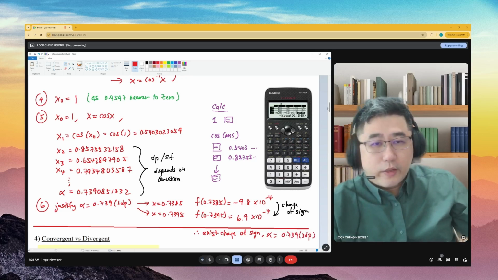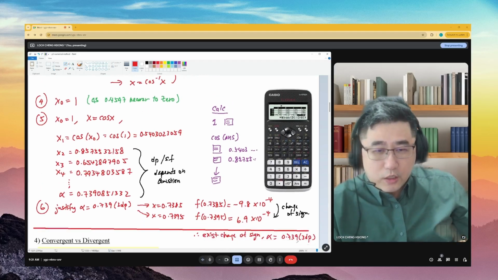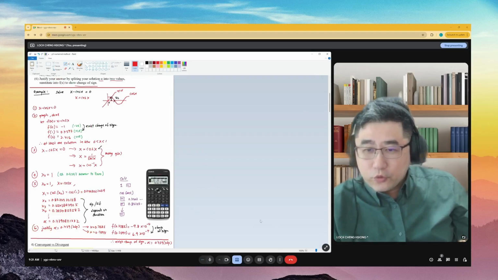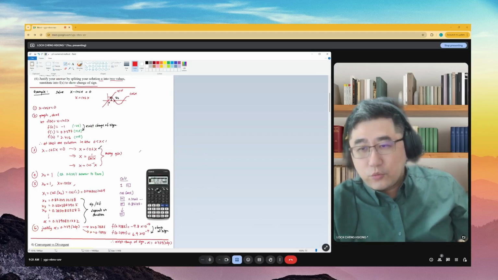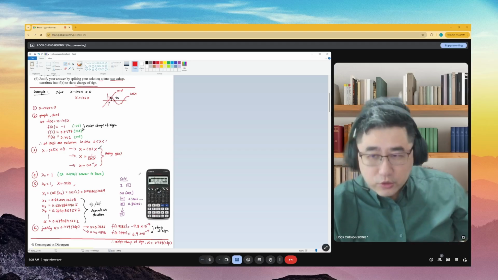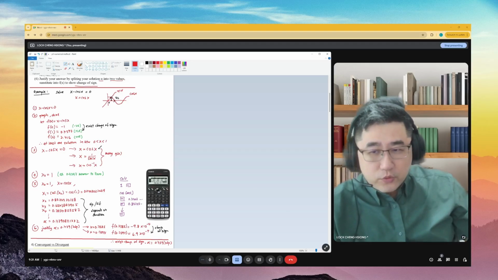Okay, this is what happened. And this will be the full 6 steps for the whole procedure. But as I said, whether we should do all the 6 steps depends on the question.